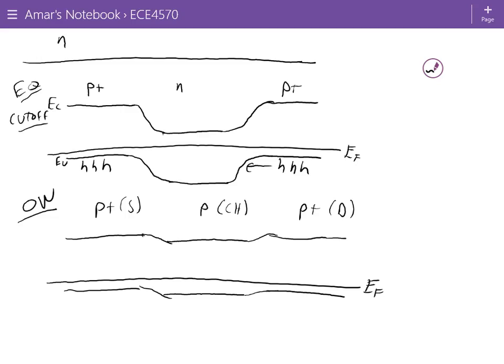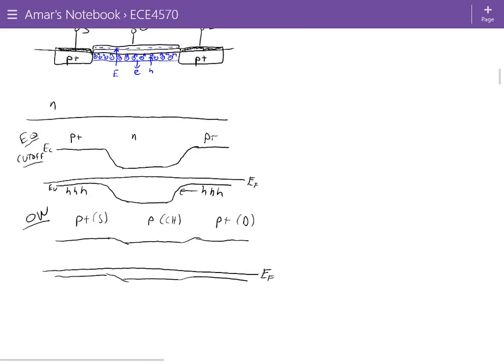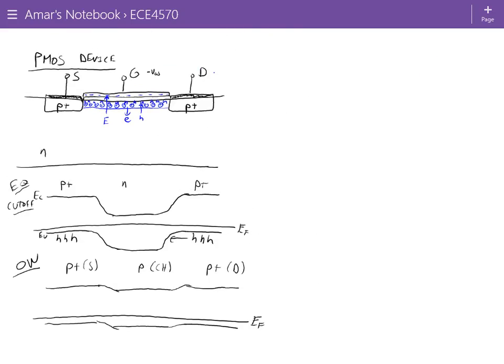So when a negative gate voltage is applied. Now, one of the points I want to make here, it's an important one, is that when the device is on, remember this is with a negative VG. The voltage is actually being applied between the gate and the body.